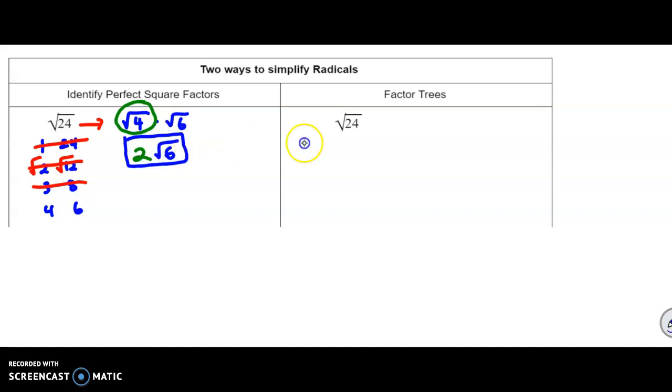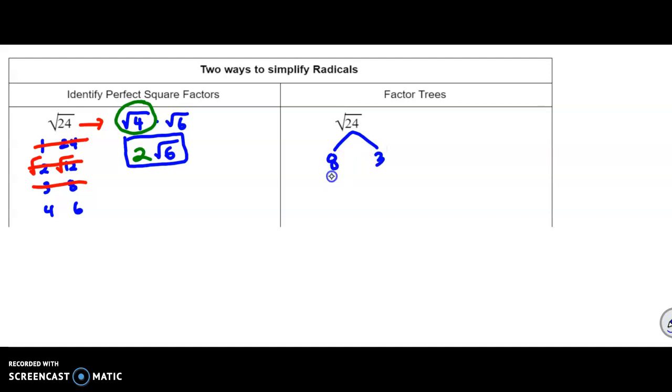All right. So let me show you another method here using factor trees, because some people might prefer this way, right? And so how do factor trees work? Think back to elementary school when you come up with factor trees, right? So for instance, we could start with 8 and 3, right?